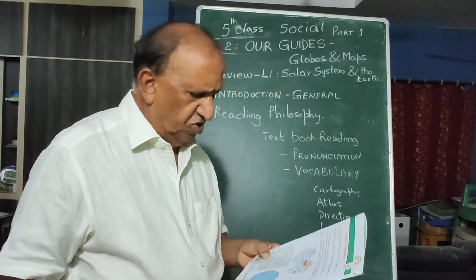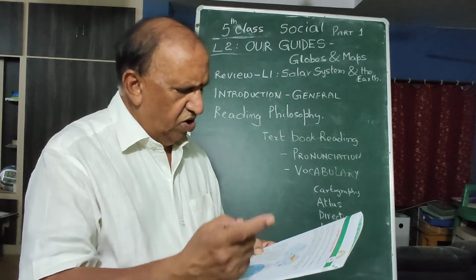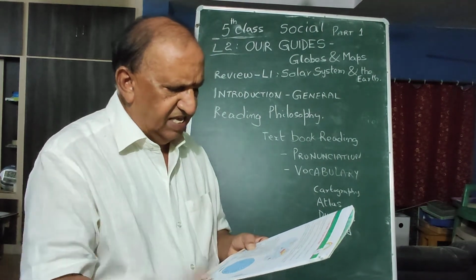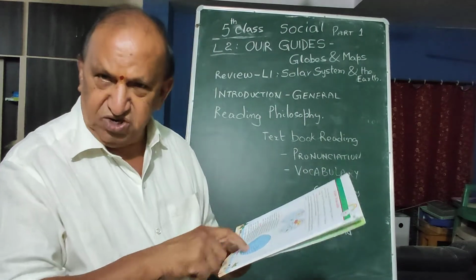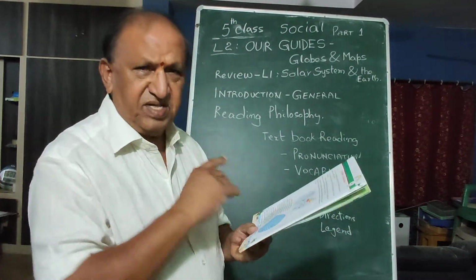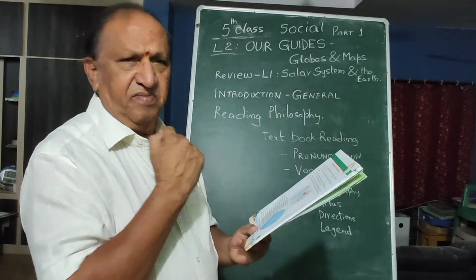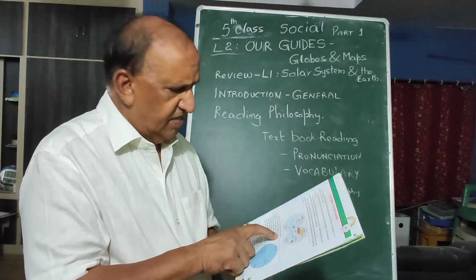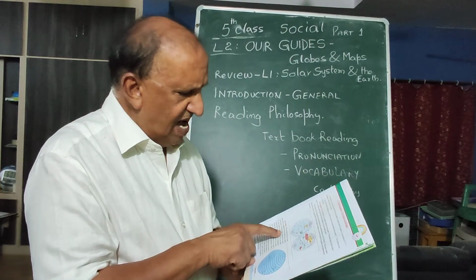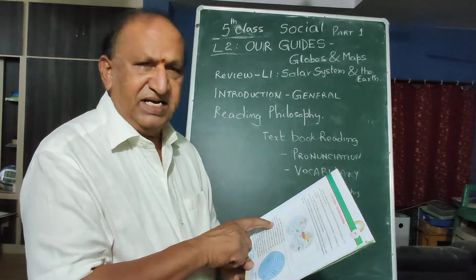Now, latitude. The circles that go around the earth parallel to the equator are called the latitudes. There is an equator, that is a 0 degree line, and parallel to that, the horizontal lines going from east to west, they are called the latitudes.